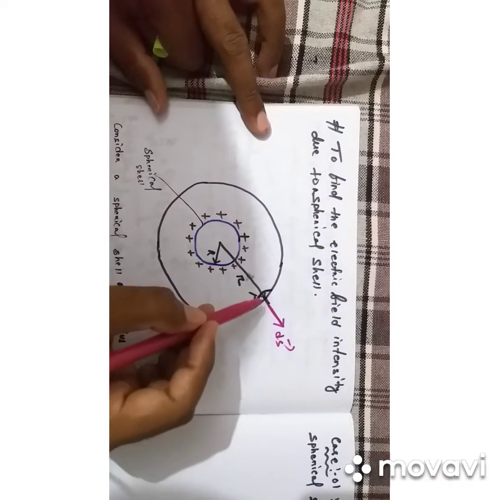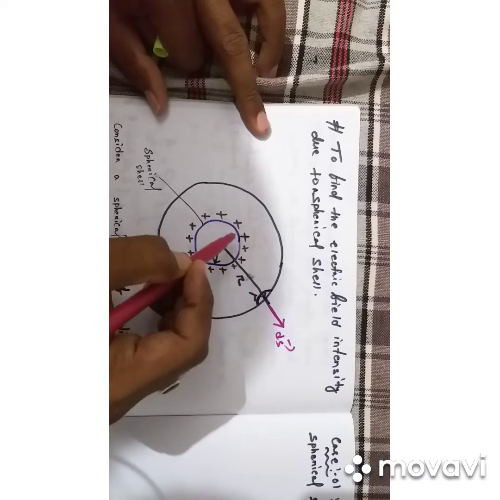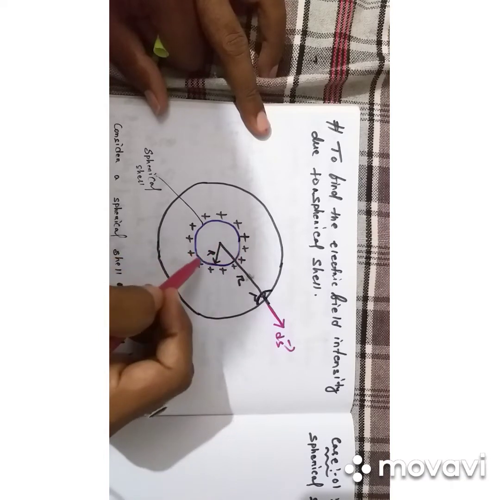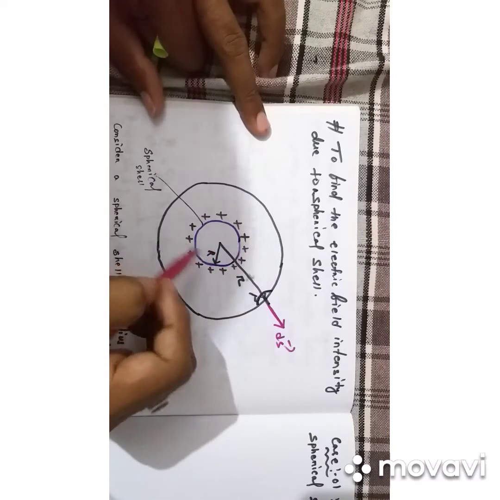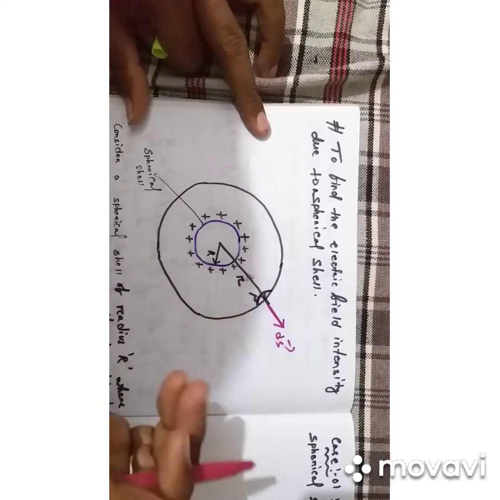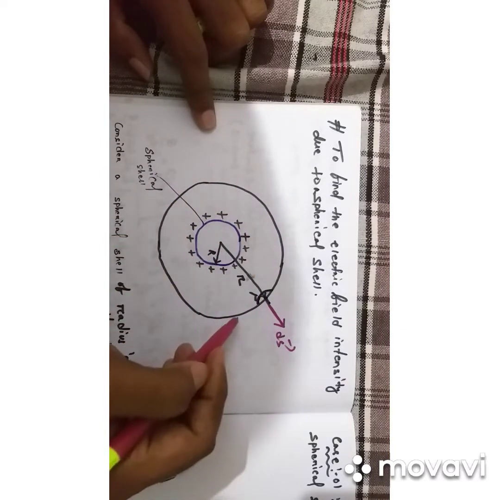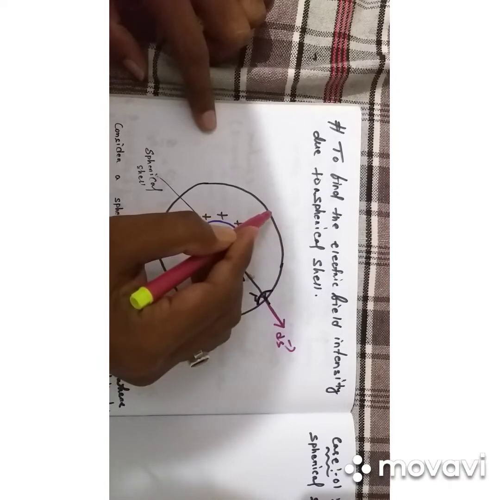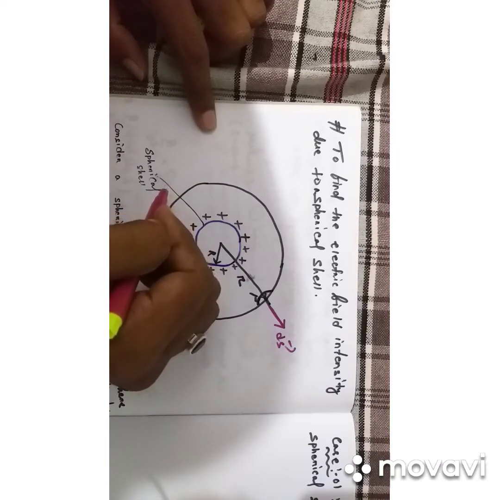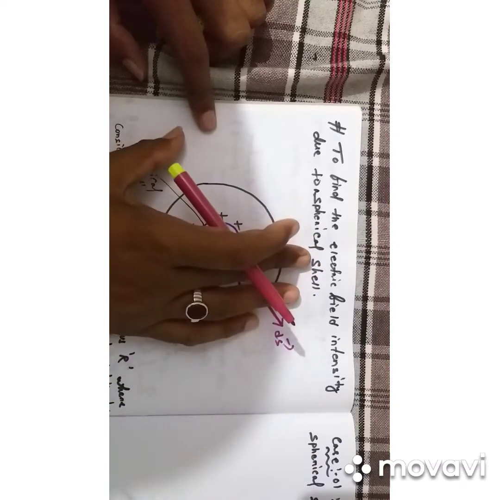We know that the point P is outside the spherical shell, where positive charges are uniformly distributed. Due to the positive charges, the electric field moves radially outwards. So at each point on the Gaussian surface, the electric field intensity moves radially outward and remains constant in magnitude.